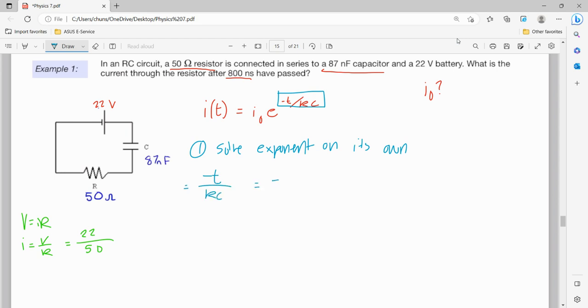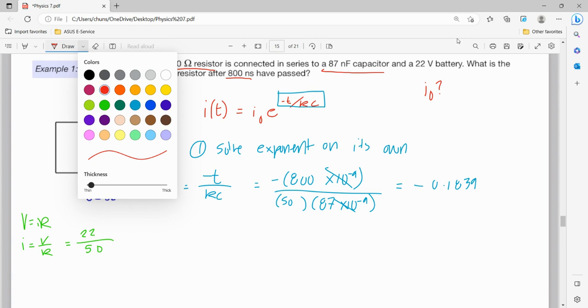This is equal to negative 800 nanoseconds, which is 10 to the negative 9 seconds, over 50 ohms, and our capacitor is 87 times 10 to the negative 9 for nanofarads. So it's 800 divided by 50 times 87, because these are going to cancel out, and this becomes negative 0.1839.